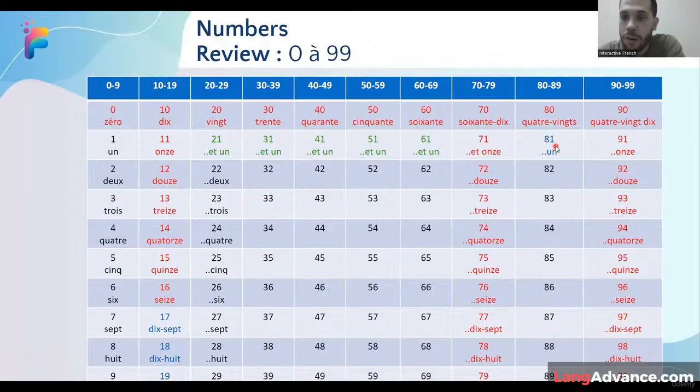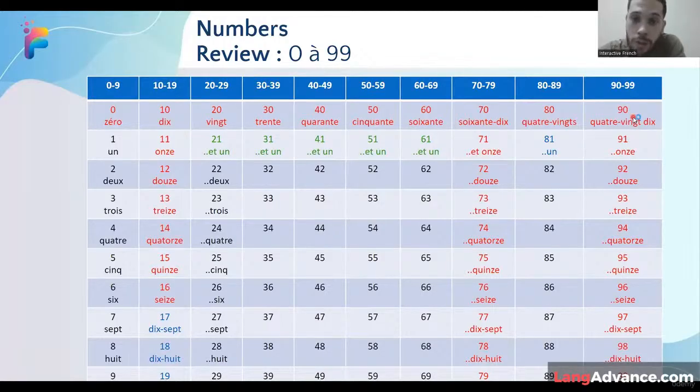For 81, 91, the E is gone, right? For 70 and 90, remember, it's basically 70 is 60 plus 10, 90 is 80 plus 10.